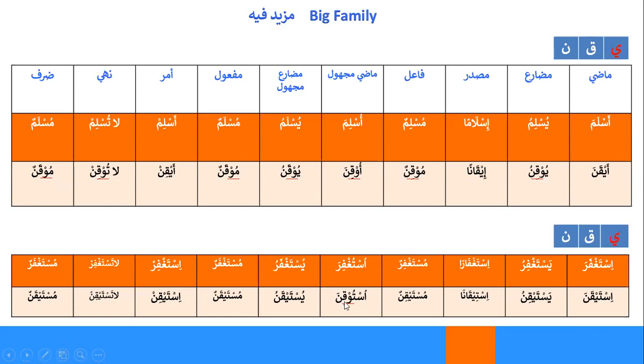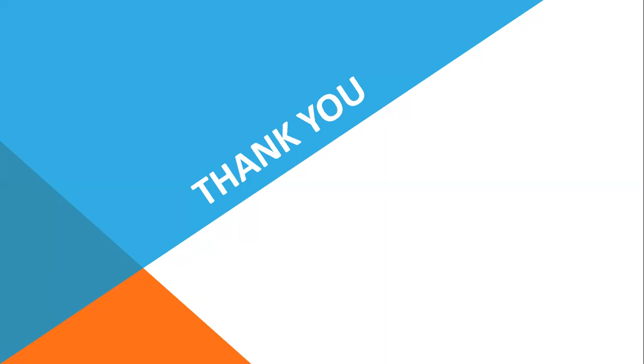In Istaghfara, we just have one irregularity, which is Ustukinna, sorry, which is in Madi Majhul, because it would have been Ustu'i Kina, but it became Ustu Kina because of smoothing it out. So this is just one irregularity in Istaghfara. Otherwise, you see all along it's behaving normally. So this brings us to the end of Mithal.